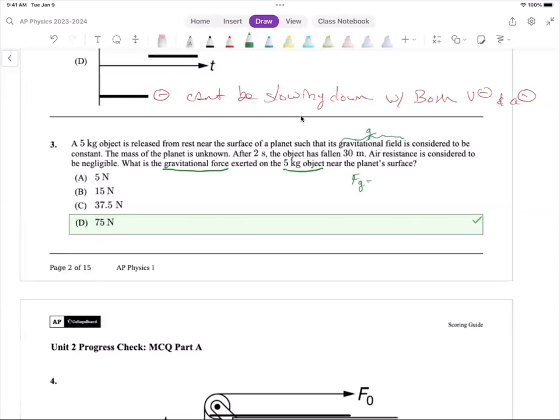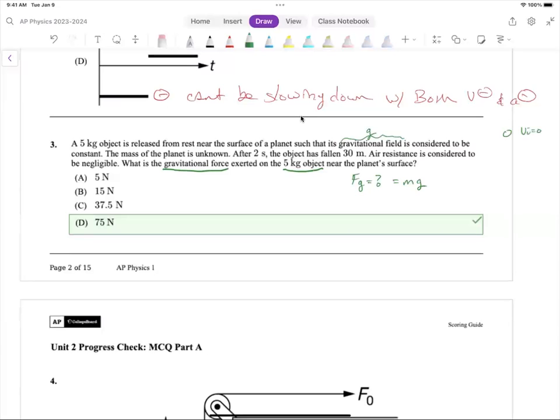Force of gravity is what they're asking for. Gravitational force equals question mark. It is equal to the mass times g on that planet. I don't know this planet's g, it's not planet Earth, so we've got to figure out what the acceleration due to gravity is. They told me it was released from rest, velocity equals 0.